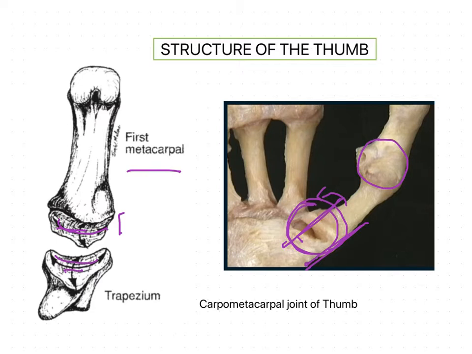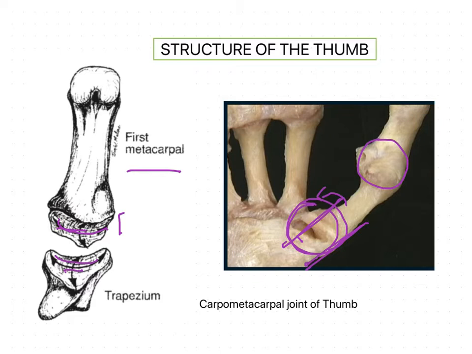What are the muscles which help for these movements? Flexion is done by flexor pollicis brevis and opponens pollicis. Extension is by abductor pollicis longus, extensor pollicis brevis and extensor pollicis longus.